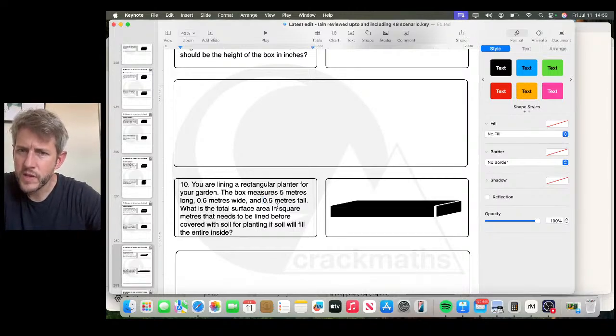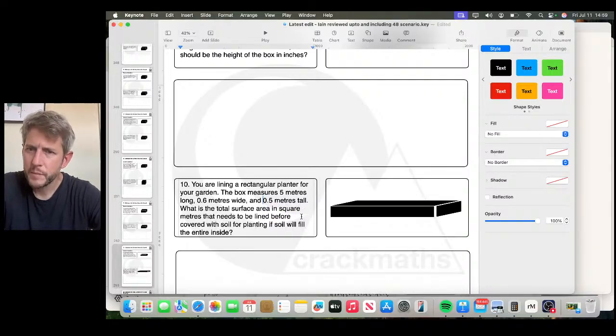What is the total surface area in square meters that needs to be lined before covered with soil?